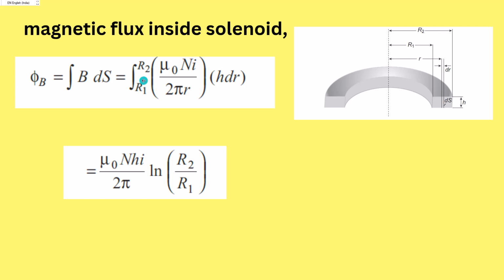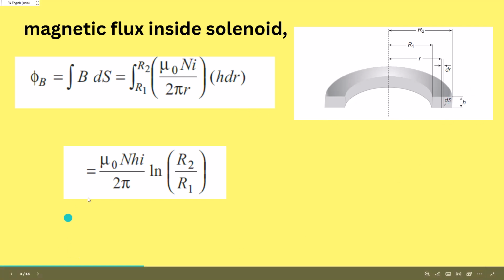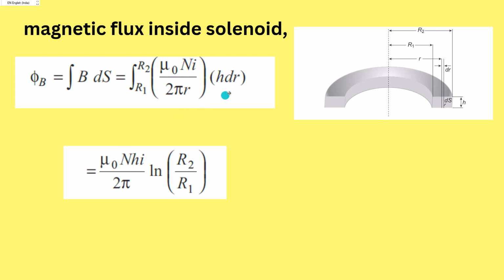Now it is a very short integral, and this r is the variable part, and mu 0, N, I, 2 pi are all constant, so they are out, and this h is also constant, the dimension of the solenoid height. So the variable part is dr by r. The integration of dr by r is ln r, and after putting the limits we get ln r2 by r1. Very simple integration.